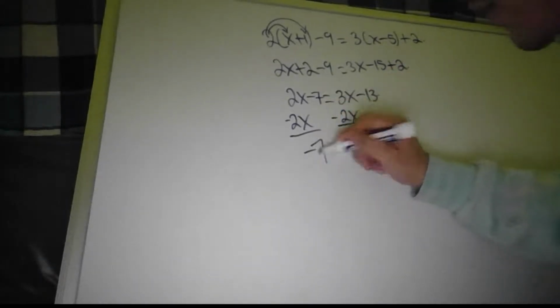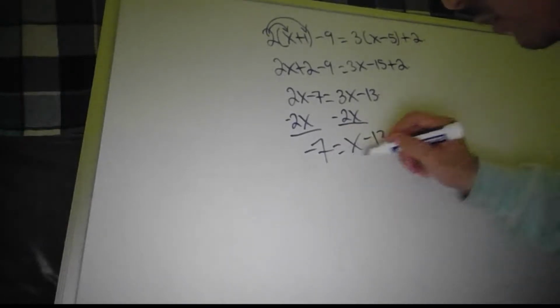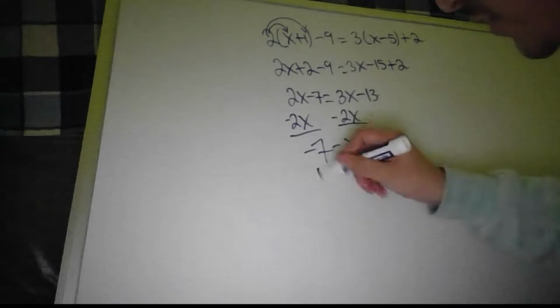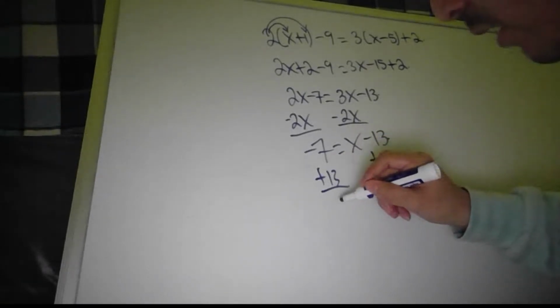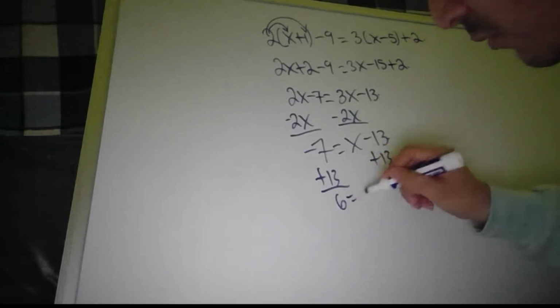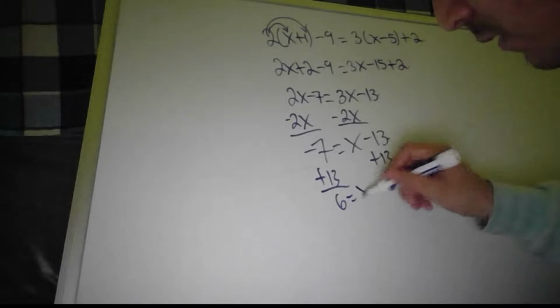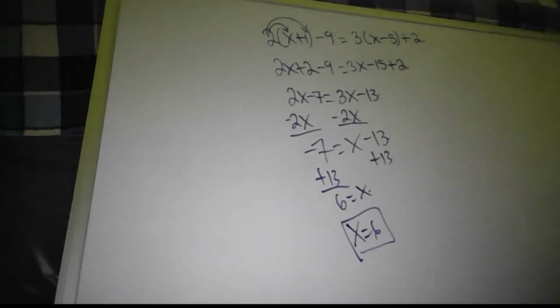We get negative 7 equals x minus 13. Add 13 to both sides. And then we have 6 equals x. x equals 6. Okay.